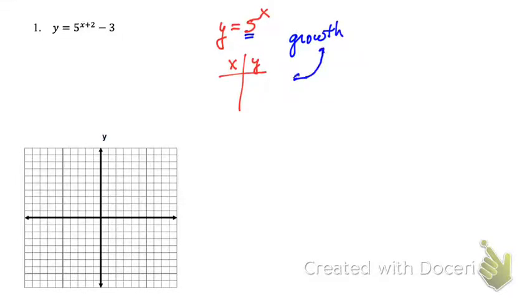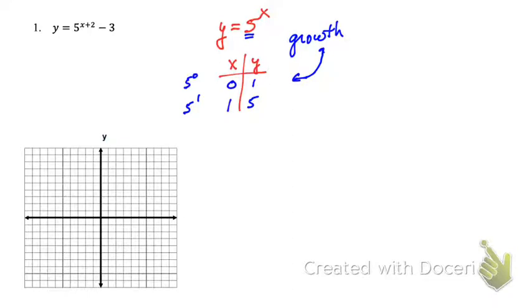It's got to be taking off and running uphill. We'll only worry about plugging in x values of 0 and 1. We know that anything to the power of 0 is a 1, and anything to the first power is itself, a 5. So that makes generating that table pretty easy.